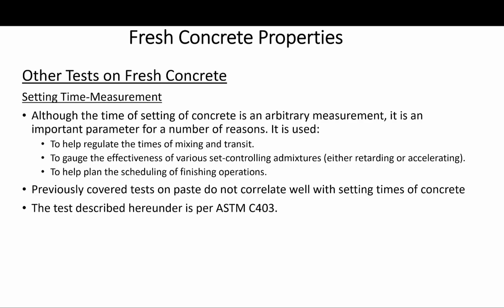This is because the current test procedure outlined in ASTM C403, the penetration test, is limited to concretes with slumps greater than 0 and to cases when tests of the mortar fraction of the concrete will provide the information required. So there is some limitation here, as described in ASTM C403.